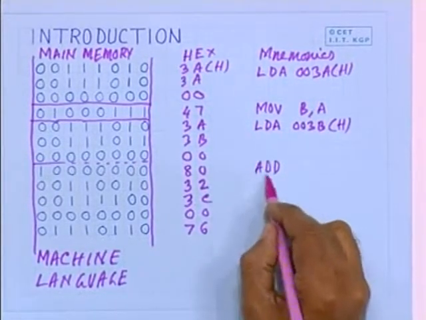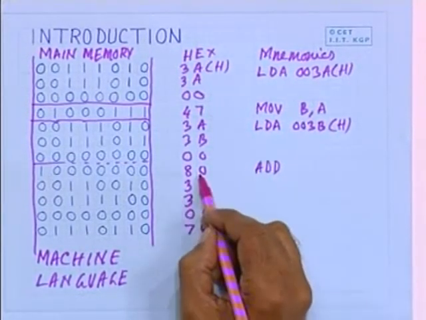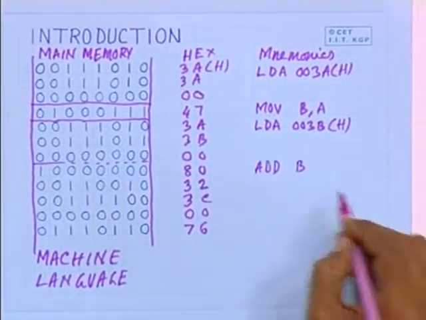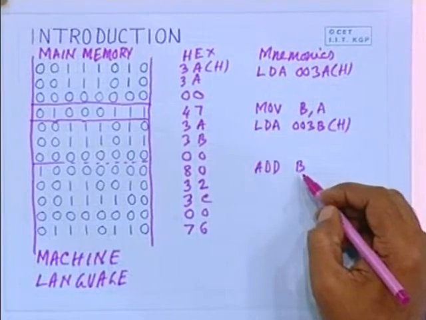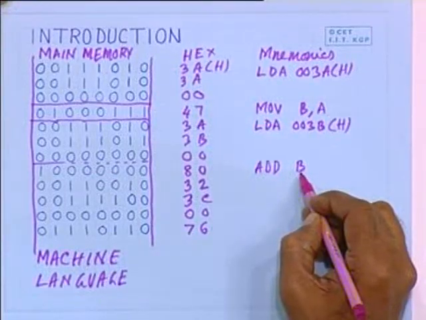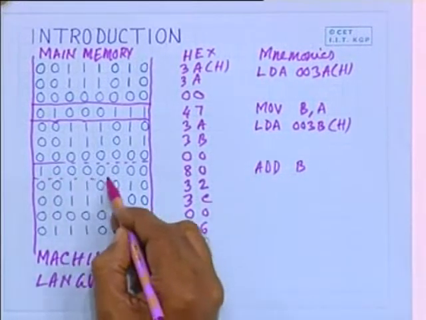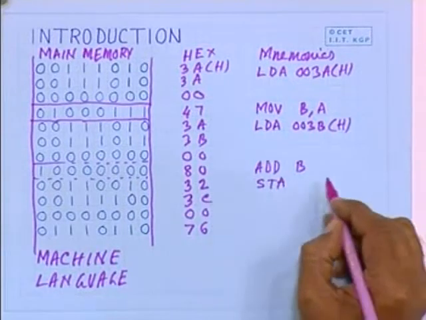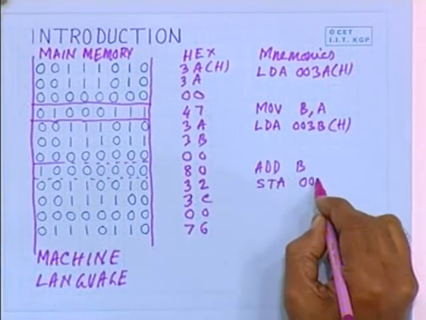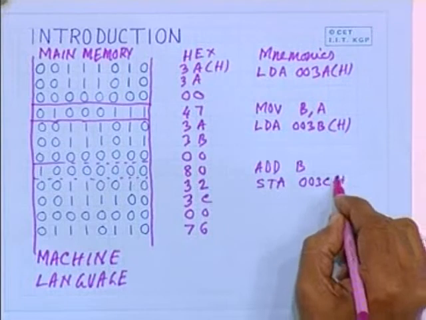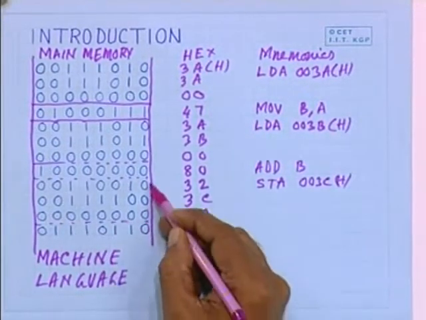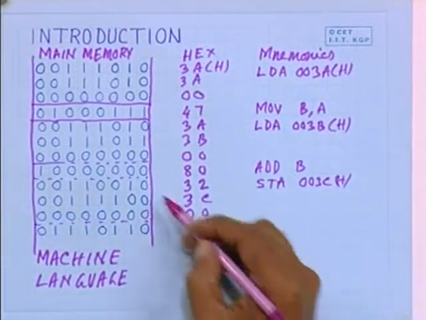This is the mnemonic for this instruction: ADD B. So, it performs addition of the content of the accumulator with that of the register B. Then the next instruction stores the result, STA in location 003C, and the instruction goes up to this. So, it is also of 3 bytes.